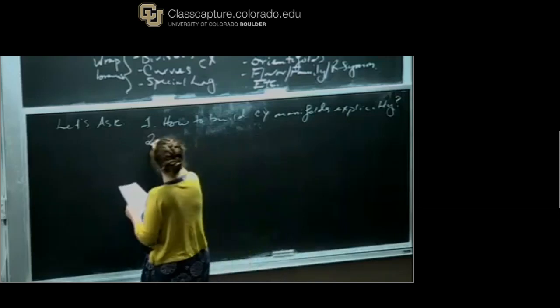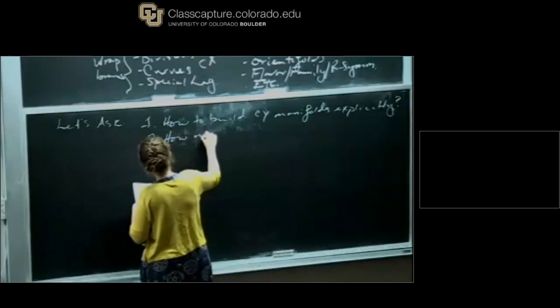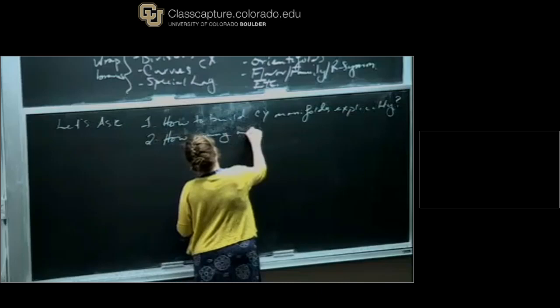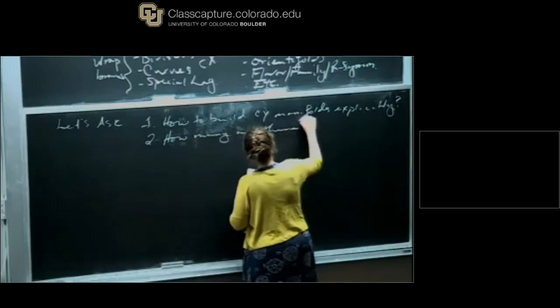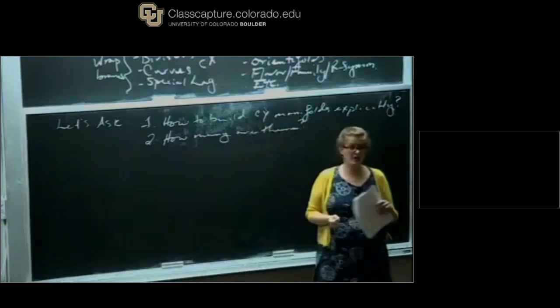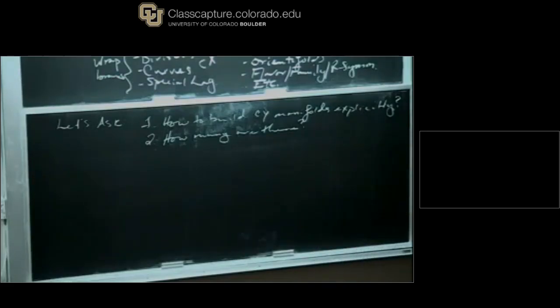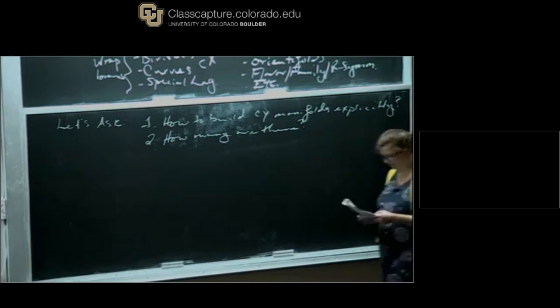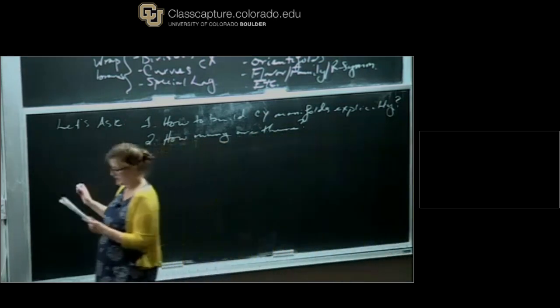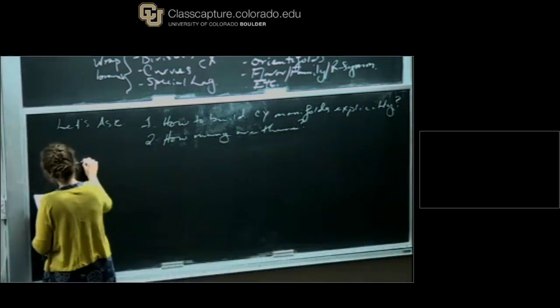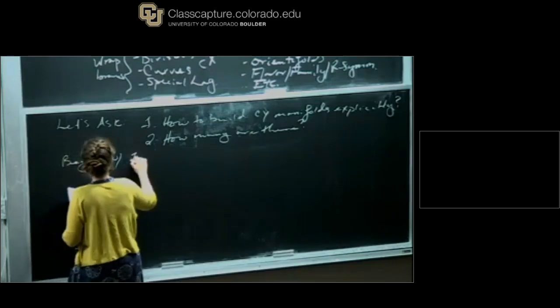And 2, how many are there? Is there an infinite number? Can their properties be infinitely different? Can this lead to effective theories with wildly different characteristics? How do we characterize them? These are our questions, and we're going to begin with one.